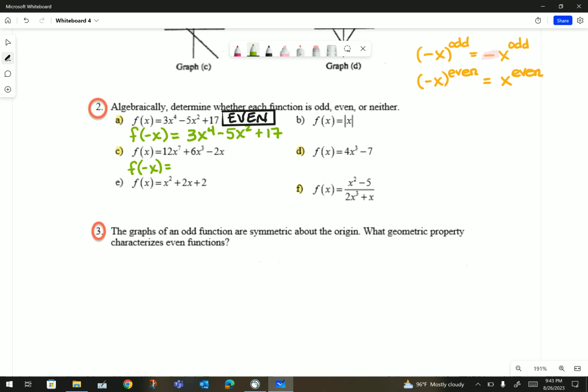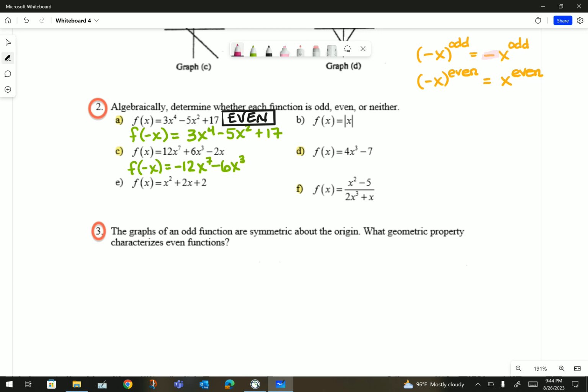So when I plug in negative x, it's going to force that 12x^7 to switch signs. So 12x^7 becomes opposite, negative 12x^7. The next term has a 3 for its exponent, so it forces it to change to an opposite sign. So positive 6 becomes negative 6.